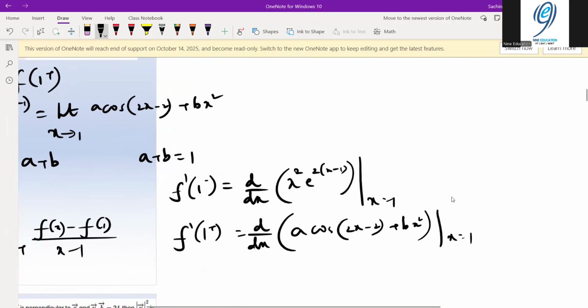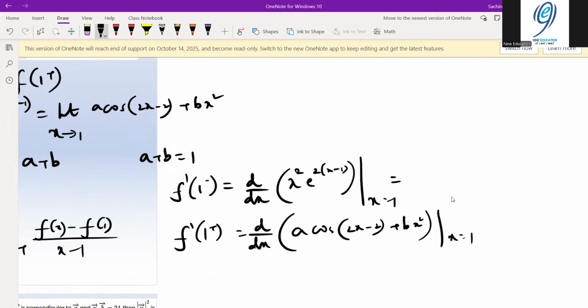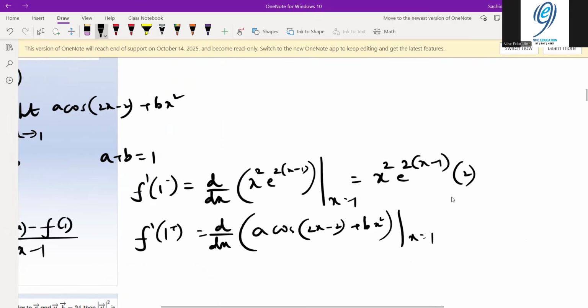So anyway, f dash of 1 minus is the derivative of x square times e power 2 times x minus 1, which will be x square times e power 2 times x minus 1 into 2, because first I'm differentiating e power 2 times x minus 1, plus e power 2 times x minus 1 times 2x, right?